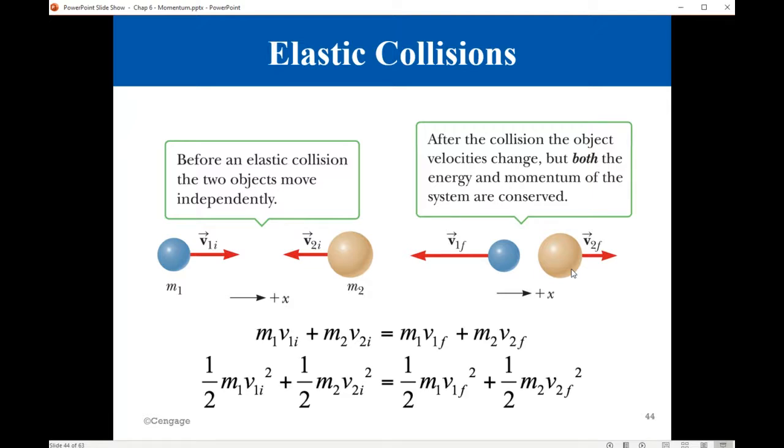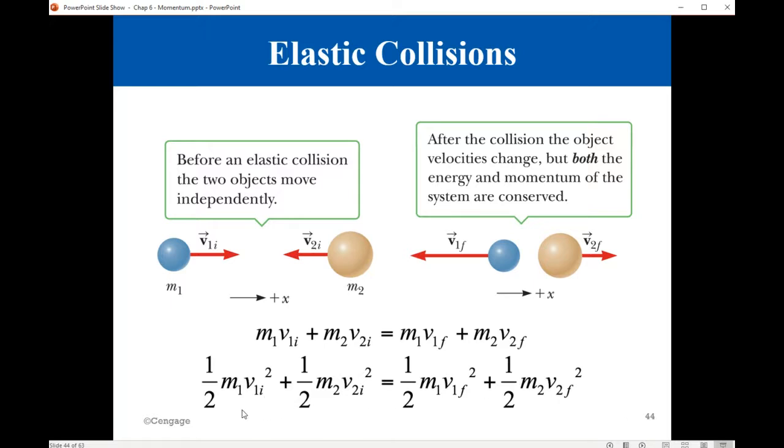So here, when we apply the conservation of momentum, you have m1 v1 initial plus m2 v2 initial equals m1 v1 final plus m2 v2 final. Because it's an elastic collision, kinetic energy is also conserved.